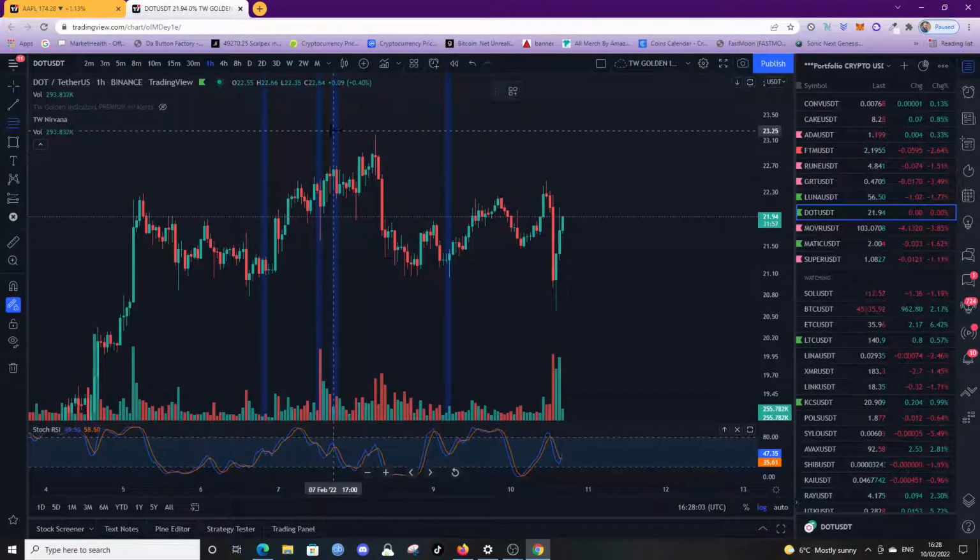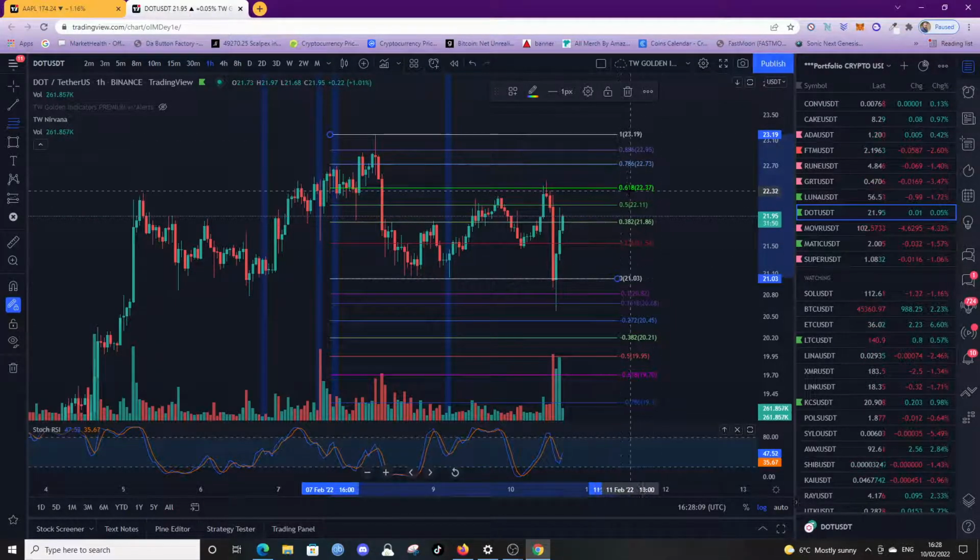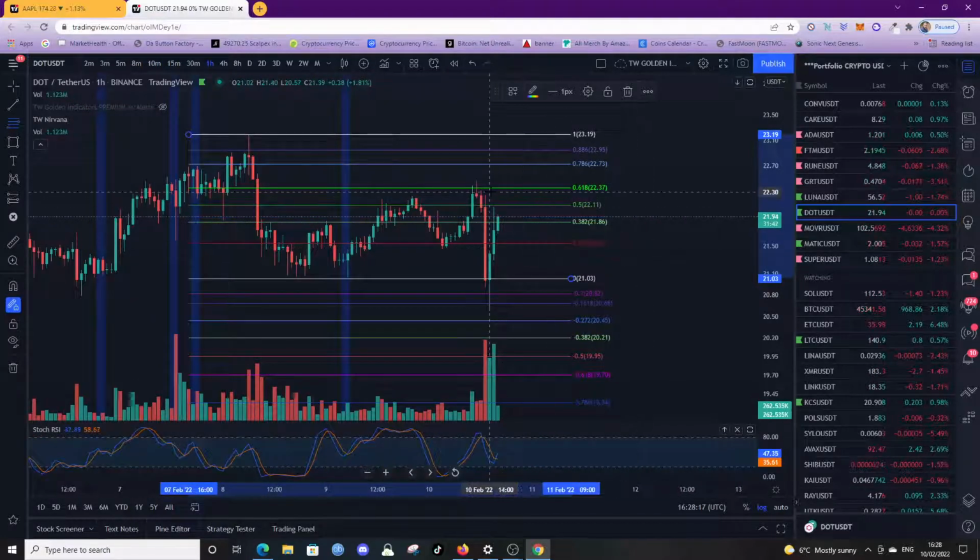You take the fib, but this time you're going from the high to the low. And look here, 618. The opposing leg, 618. We get an inverted hammer. That's your signal. Probably sell on that hour. And let's just say you got out around about there.